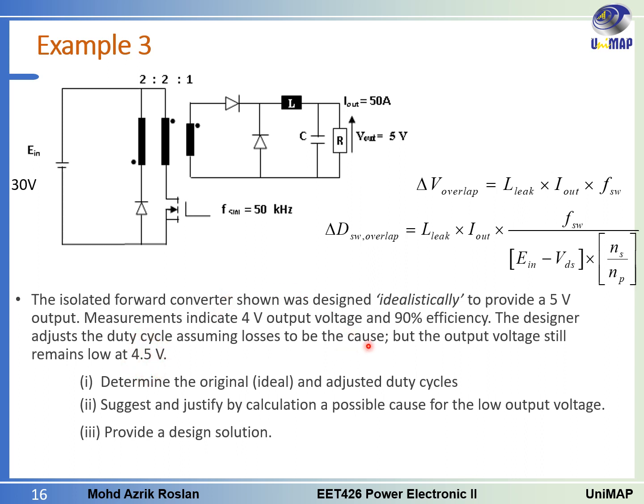So instead of reaching 5 volts, it remains low at 4.5 volts. So the first question is: determine the original or ideal and adjusted duty cycle. Number 2, suggest and justify by calculation a possible cause for the low output voltage. Low means this one, not reaching 5. And then finally, provide a design solution.